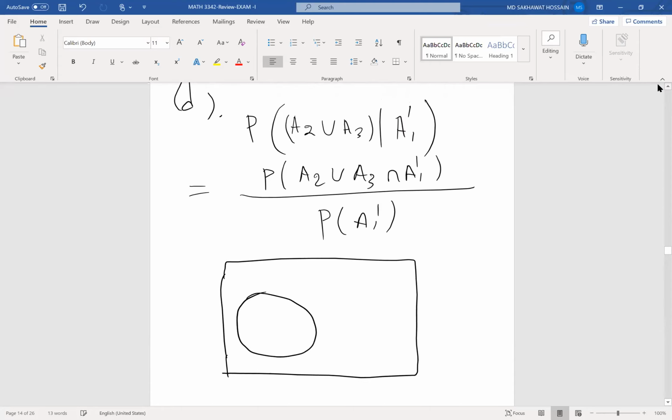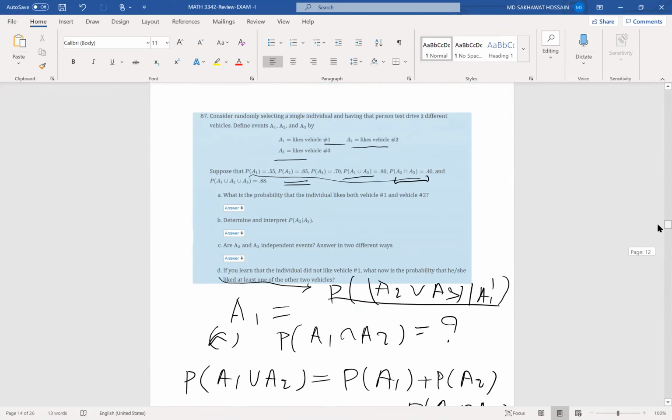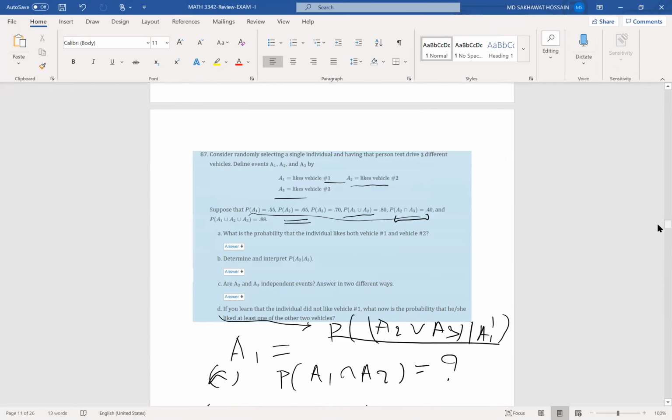So we have three events. Suppose this is A1, this is A2, and this is A3. So we have A1 intersection A2 intersection A3. So no, we do not have Excel. We have to also calculate. So the Venn diagram will be also a little tricky.